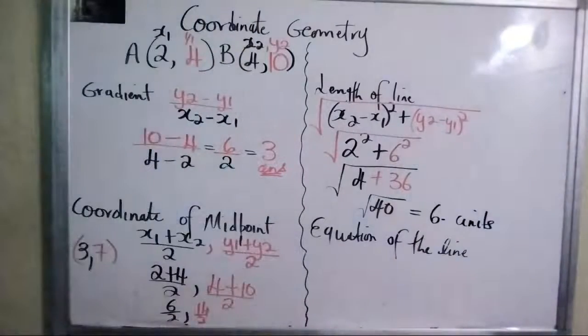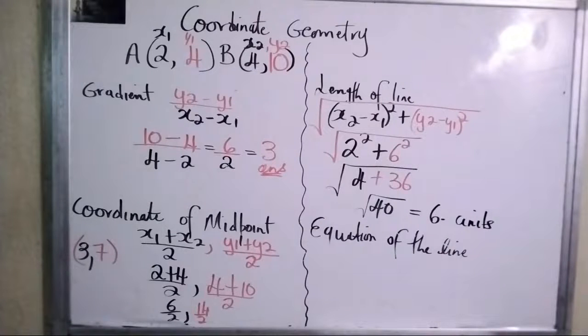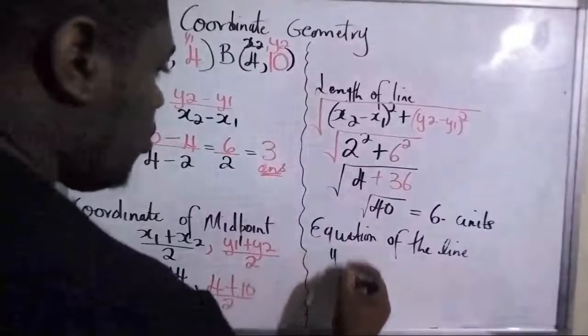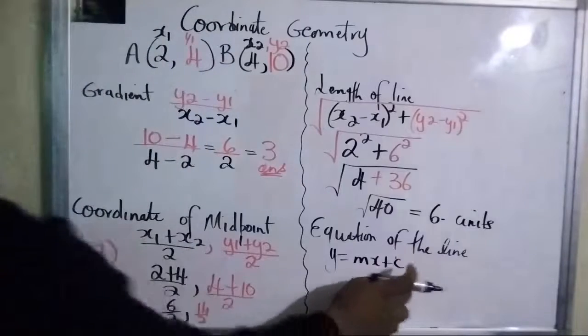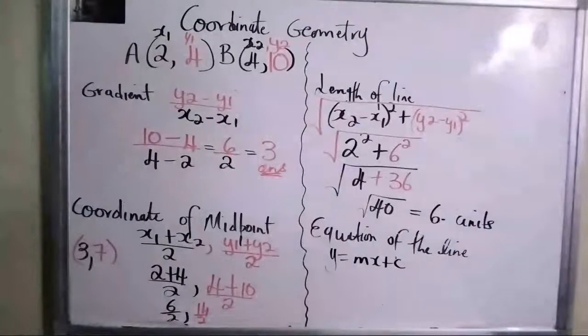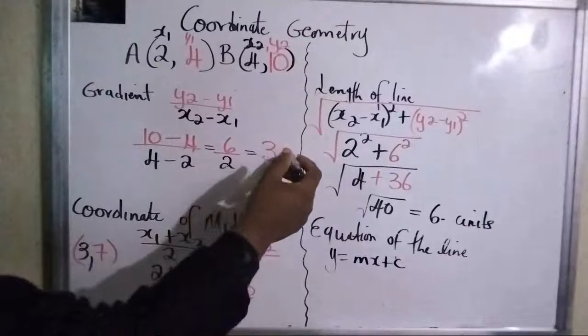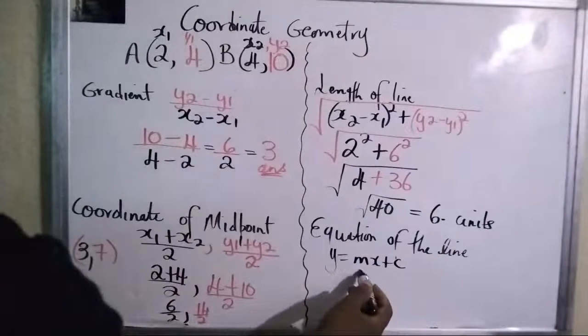Alright. So now we need the equation of the line. To obtain the equation of the line, we're gonna put it in this form: y equals mx plus c. The only thing we need is the y-intercept. We already calculated the gradient, which was 3, so m represents the gradient.